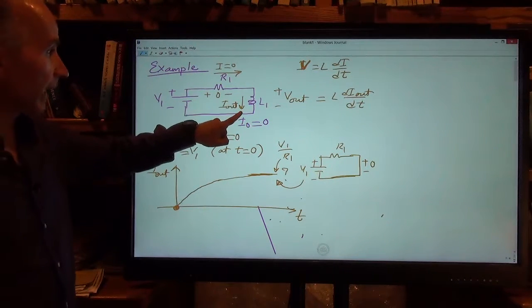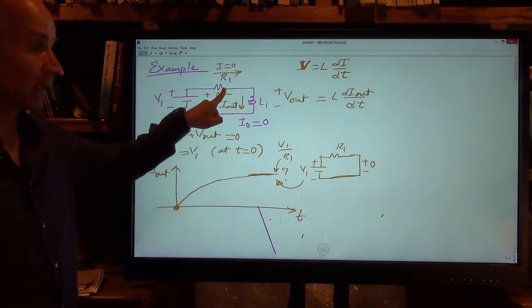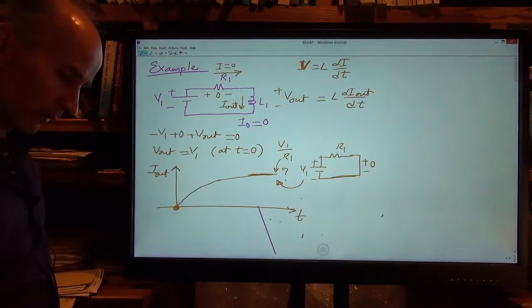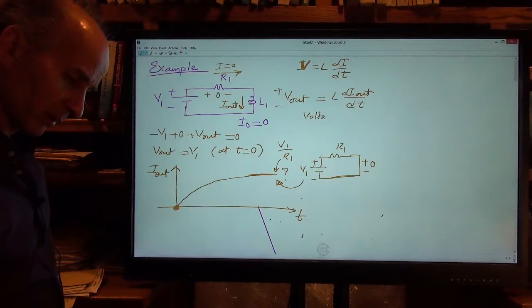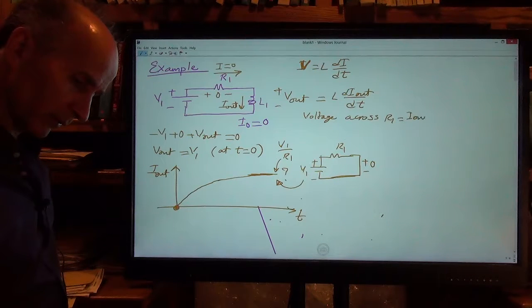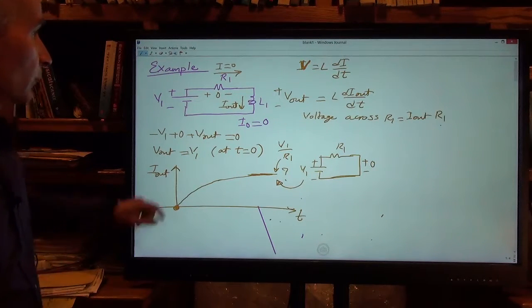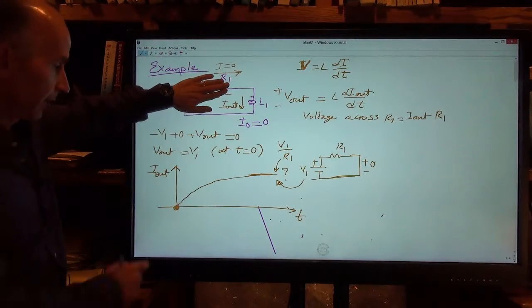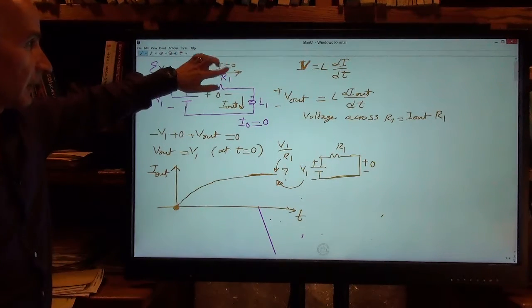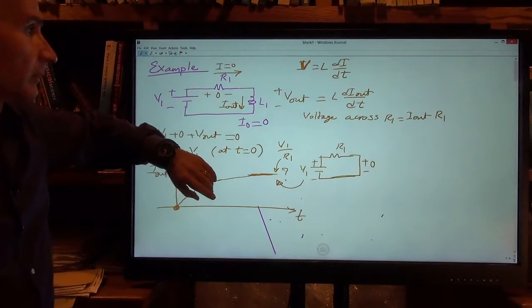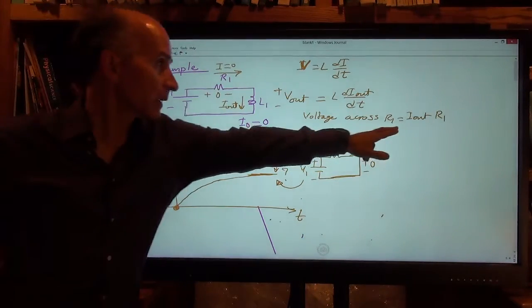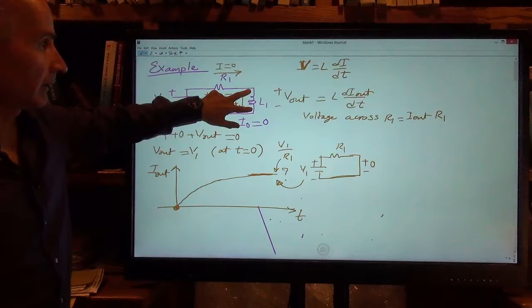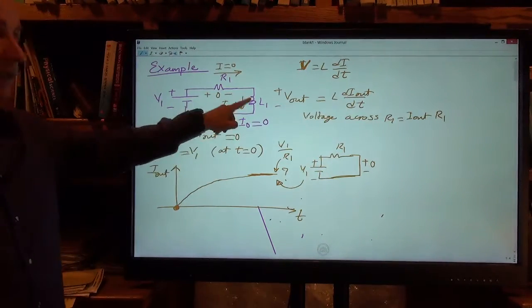Now, if this current is I out, what's the voltage across R1? So the voltage across R1 is equal to I out times R1. I hope you're not confused. This 0 was only for time 0, so it's no longer valid as time goes by. And similarly this one. So now I have the voltage across R1 is this much, and the voltage across the inductor is this much. I'm going to write the KVL.